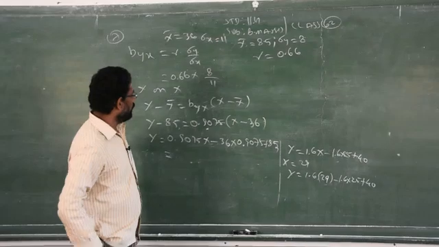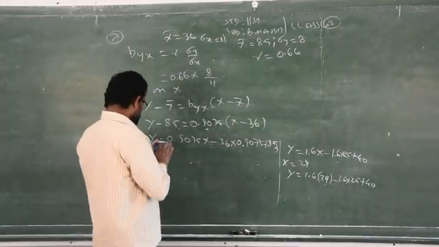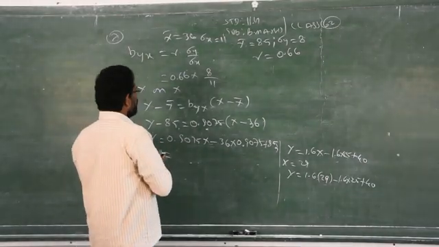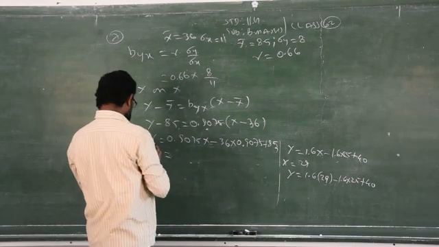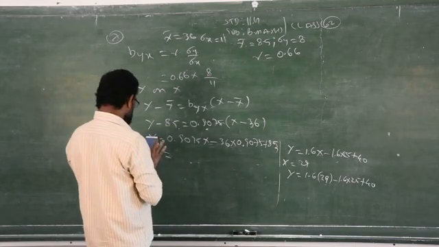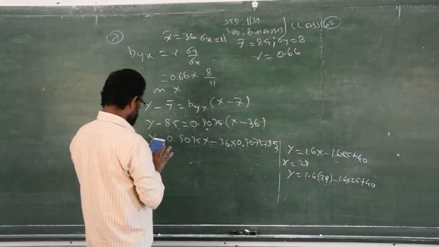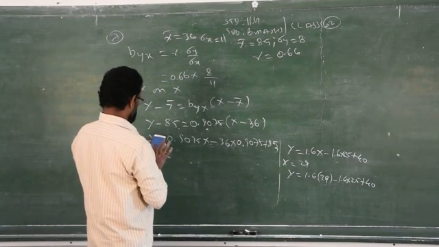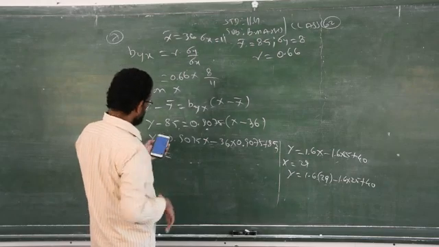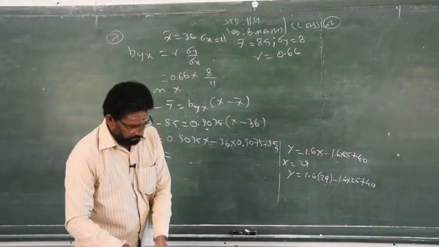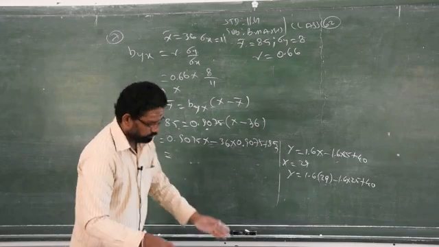Clear? Using the calculator, now we will check. First you multiply, then you divide. You will get the required answer. 0.66 into 8. Then division by 11. So we will get 0.48. So you see, I wrote 0.9075.